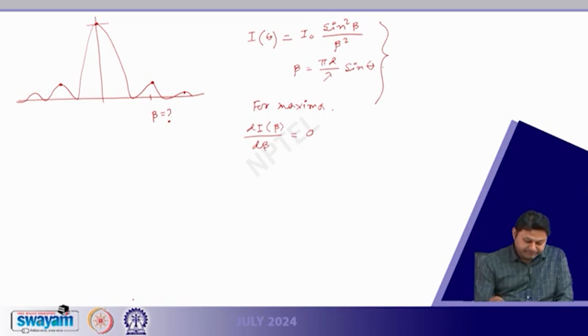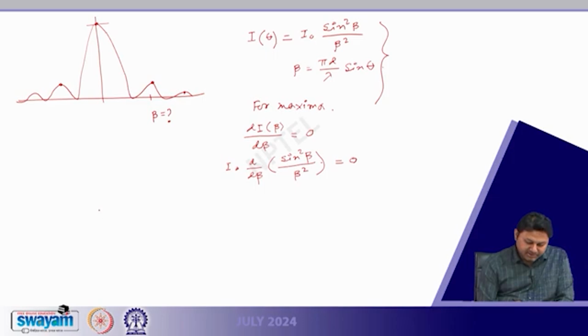So, that means I have I naught d by d beta of sine square beta divided by beta square equal to 0. That is the condition for the extremum.